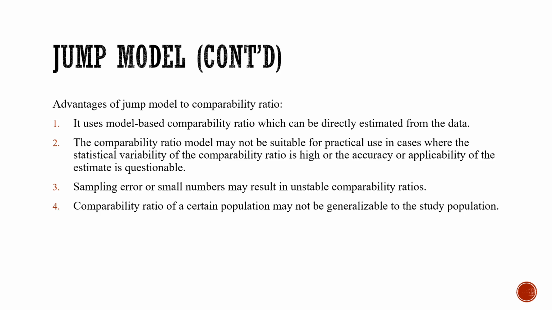For instance, sampling error or small numbers in the double coding studies may result in unstable comparability ratios that we should not use, and the comparability ratio of a certain population may not be generalizable to the study population.